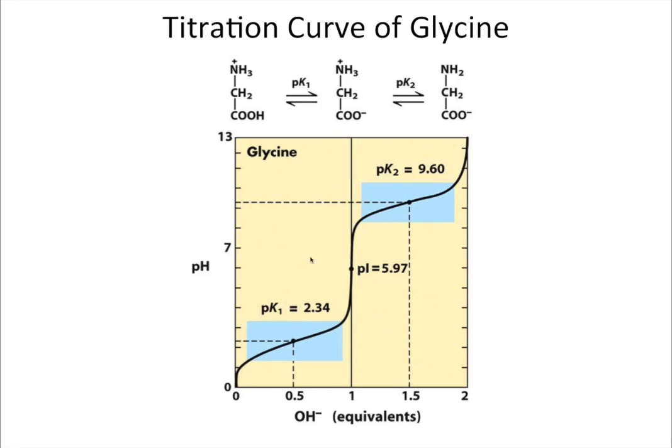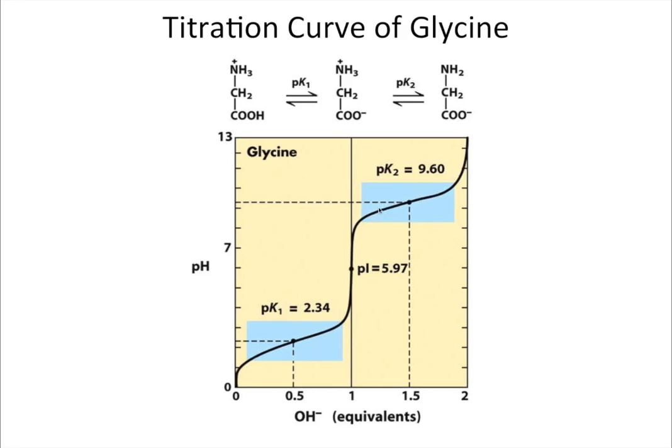This low pKa value is 2.34, and as you continue to add base to this system, you rapidly rise, and then you enter the second buffering region.